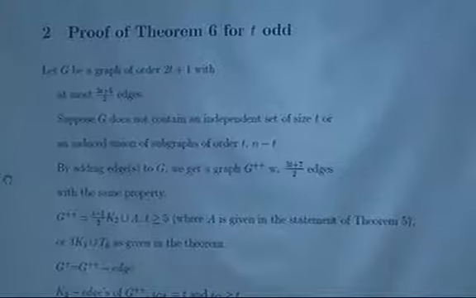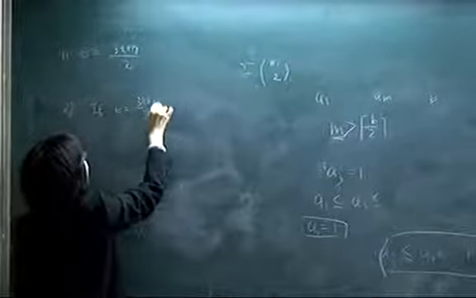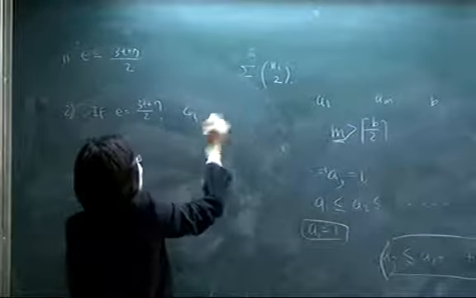So the first job is to show that E is half of 3t plus 7. And the second job is, when E is that, then G are those ones.